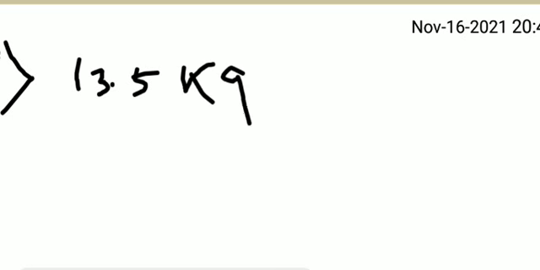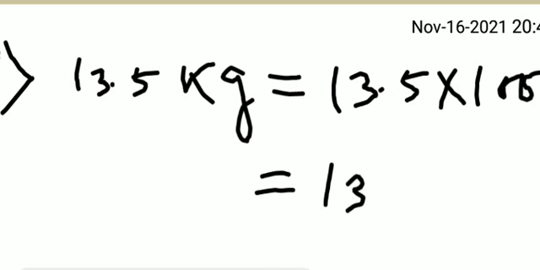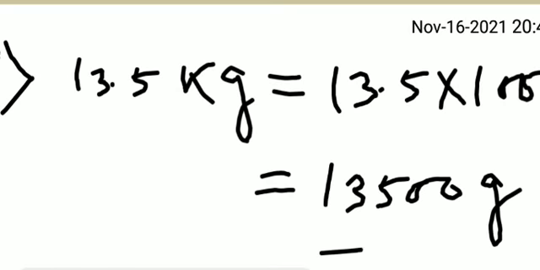So 13.5 kg equal to, convert into gram, so it will be 13.5 into 1000. As you know that 1 kg equal to 1000 gram. So it will be 13500 gram. This one.